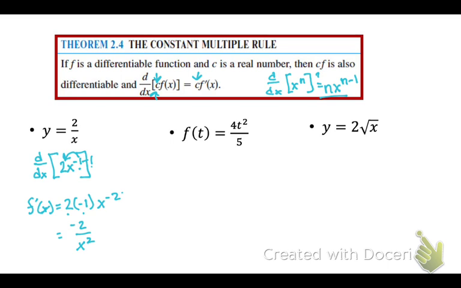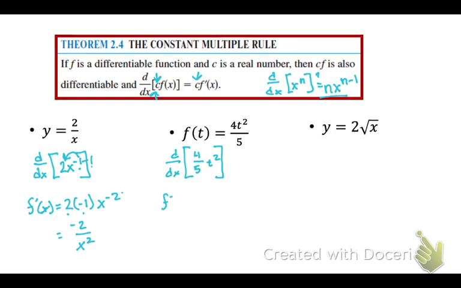Okay, so now I have f of t equals 4t squared over 5. Well, we want to get the constant away, so we're going to take the derivative of 4/5 t squared. Do you see how just rewriting that a little bit helps you look at it differently? Yeah.